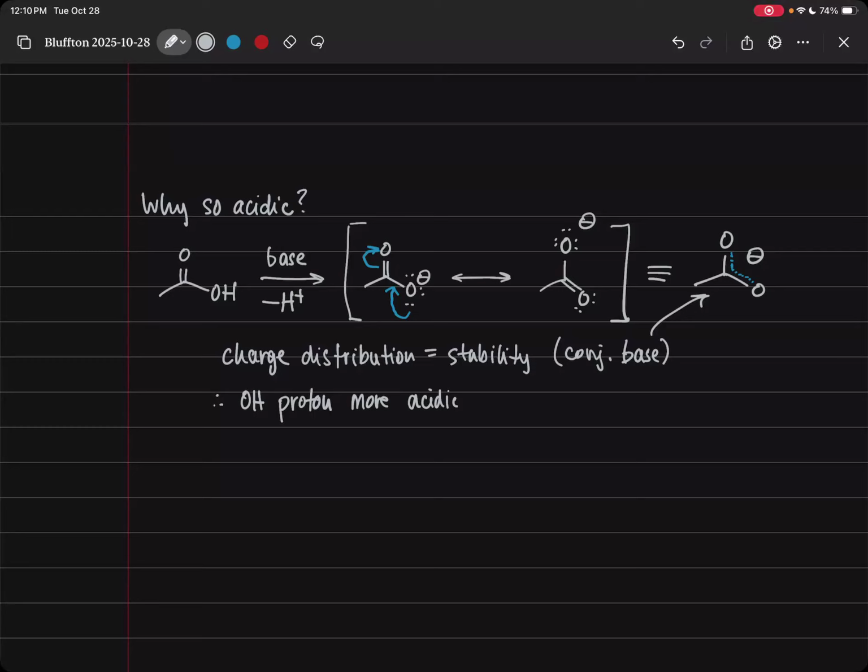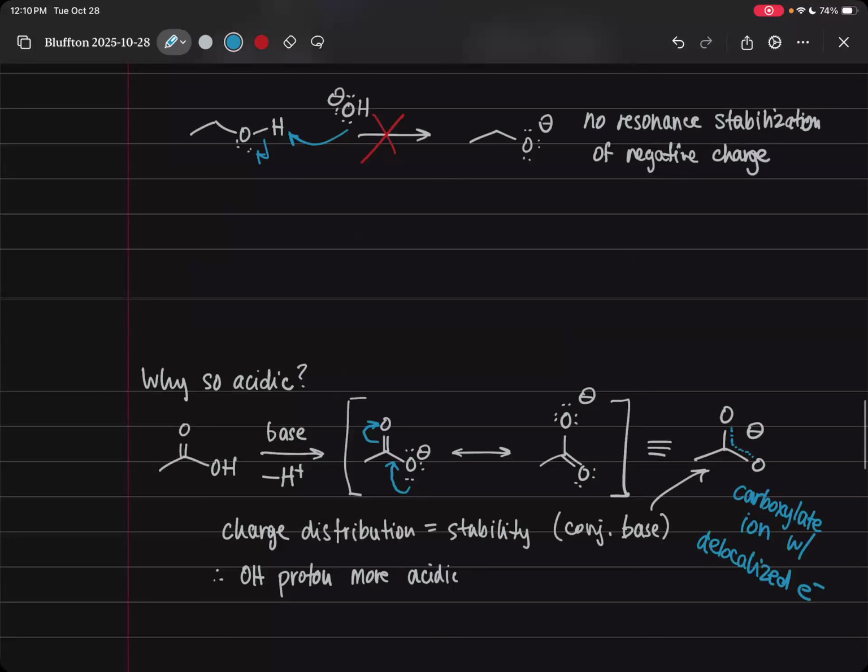So this is carboxylate with delocalized electrons, and that's more stable than, say, our deprotonated ethanol example from up there, which has none of that interesting stuff going on. So that's why carboxylic acids are as acidic as they are.